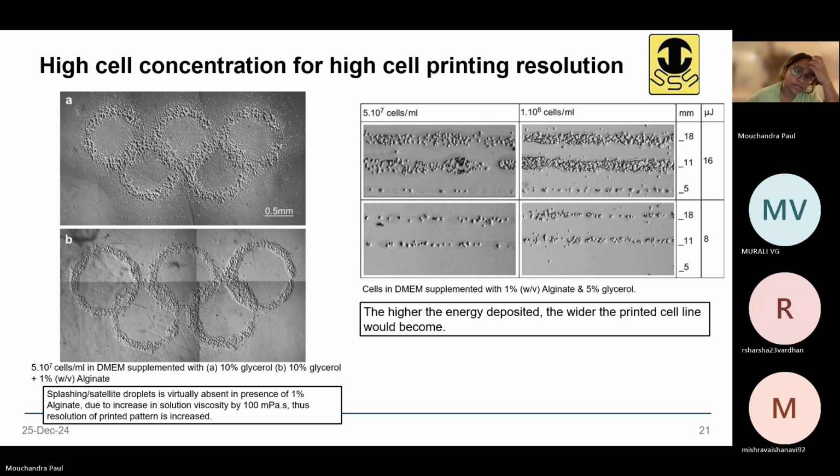Okay. Otherwise, the point that I've highlighted here in the box is true in both of these cases. You can explain with this point why the thickness of the printed line for 18 aperture size and 8 microjoule laser is much less than when we are using 16 microjoule of laser energy.